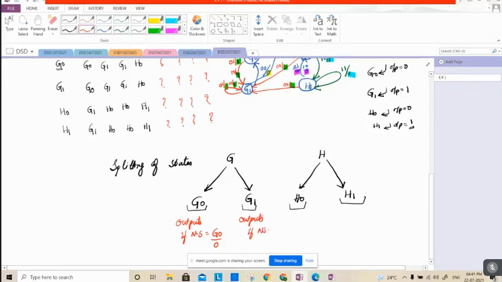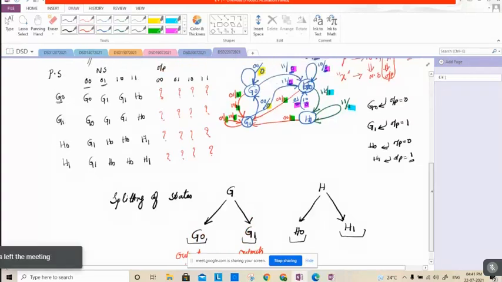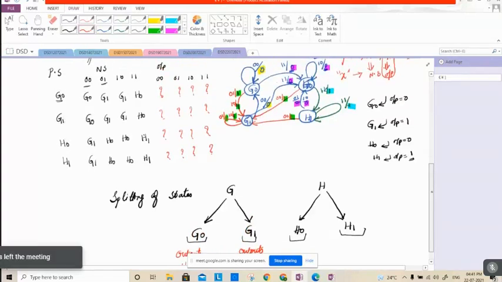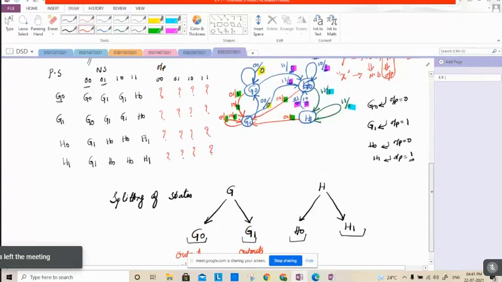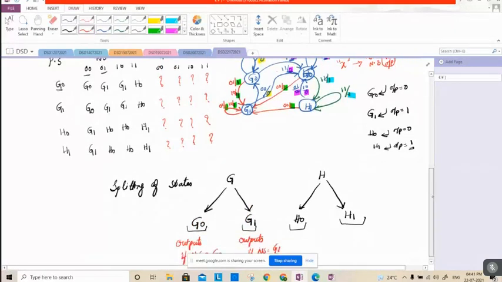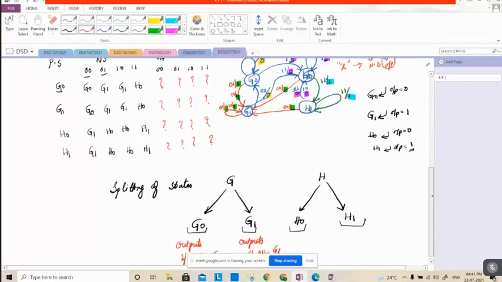And what are the outputs if next state is equal to G1? One, sir. You need to understand this. Don't get confused. The outputs depend on the next state G0, not from G0.